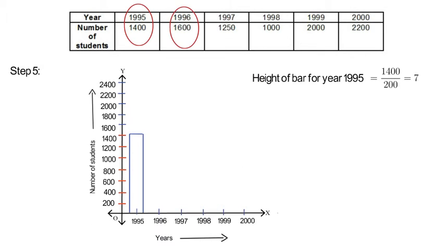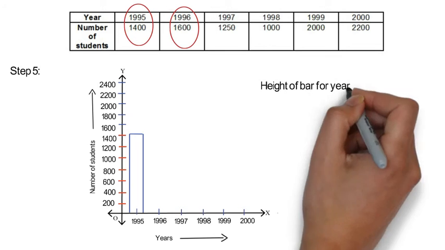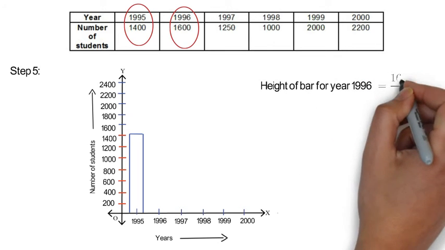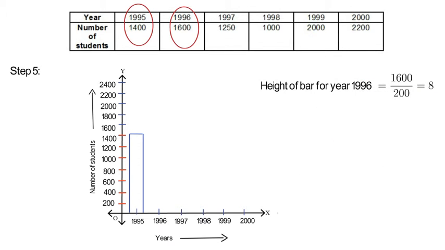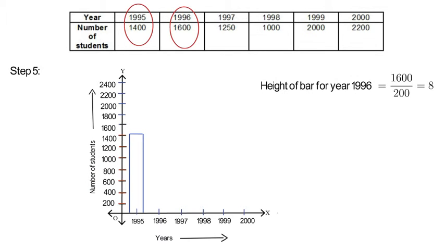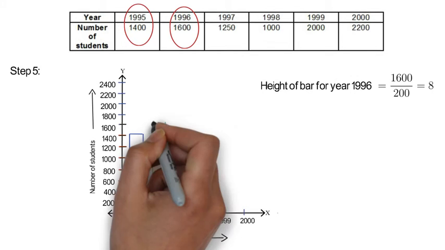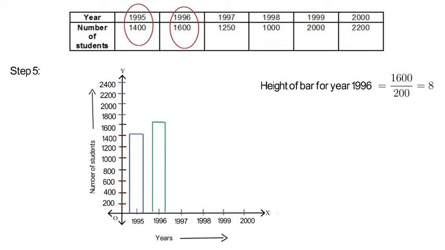Now similarly, in 1996, the number of students is 1600 and the gap between each line is 200. So 1600 divided by 200 is 8 big divisions. So the representation for 1996 in bar terms is this.